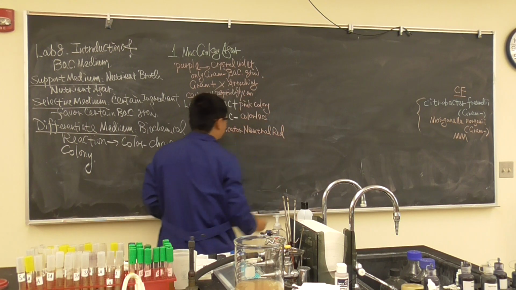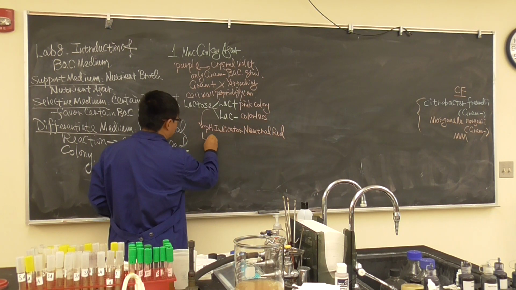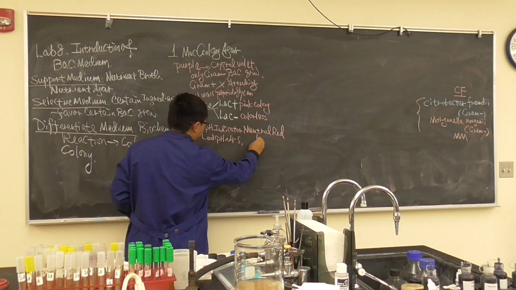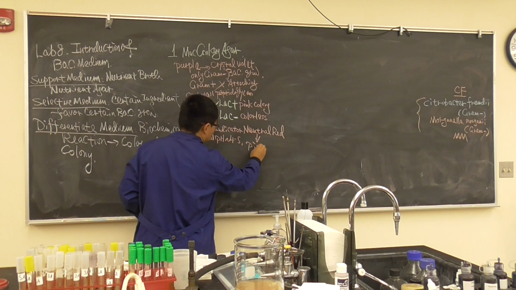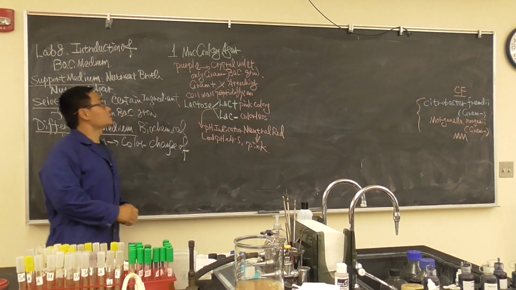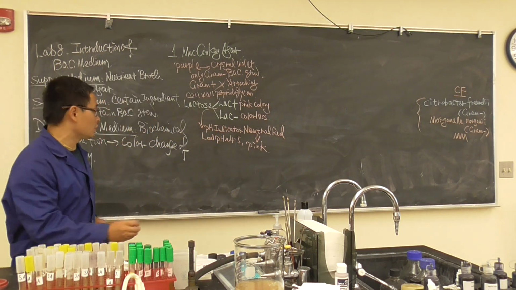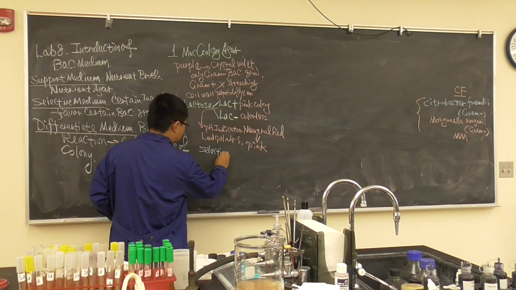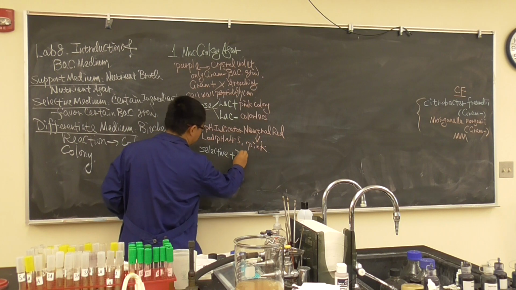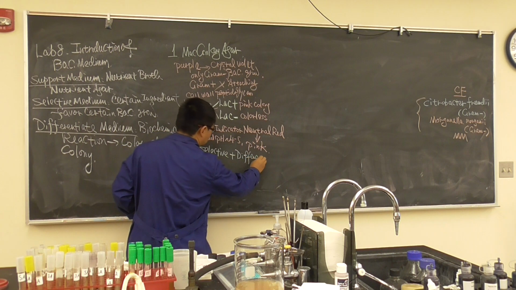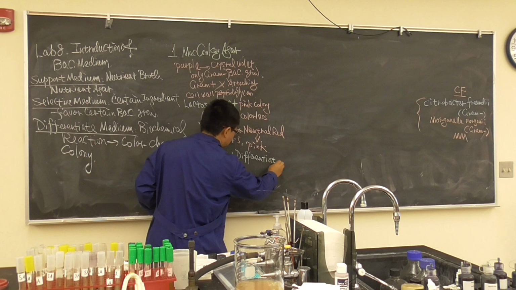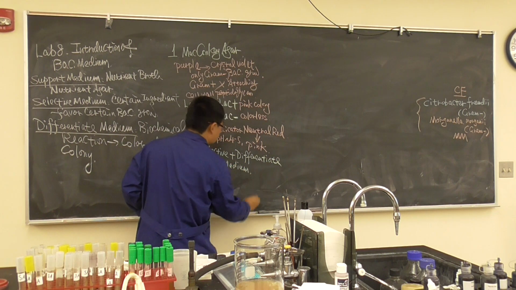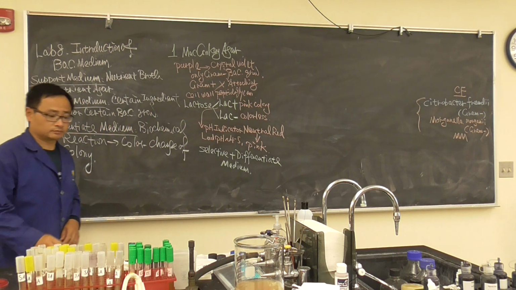And neutral red at low pH, let's say pH around 4 to 5, turns pink. So, MacConkey agar overall is a selective media and a differentiated media. Okay, so that's the first one.